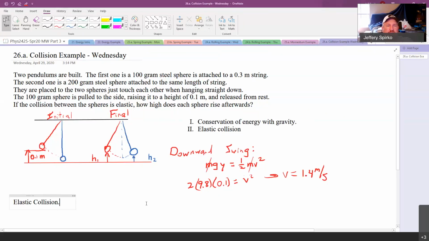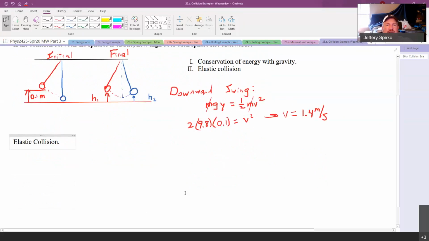And in order to analyze an elastic collision, the method I went over in the notes, the lesson that I posted, and in the lesson videos is by taking advantage of the center of mass coordinate system. So the first thing we've got to do is find the total momentum.